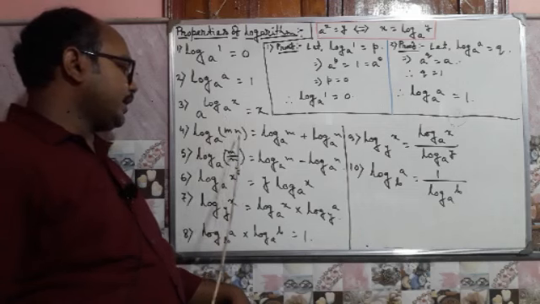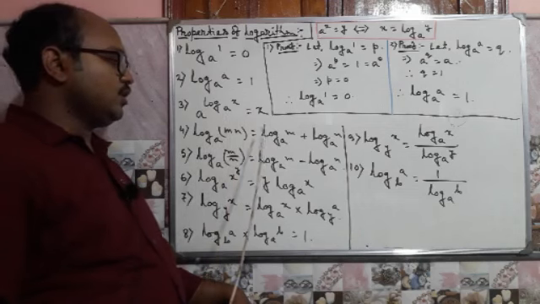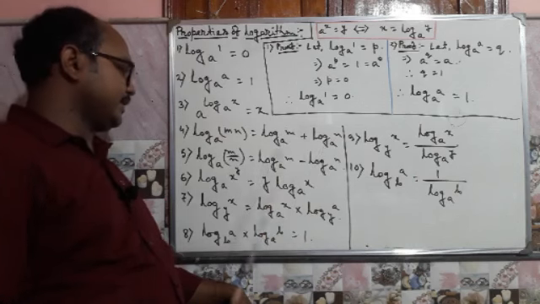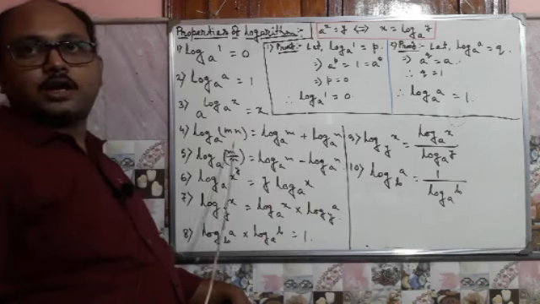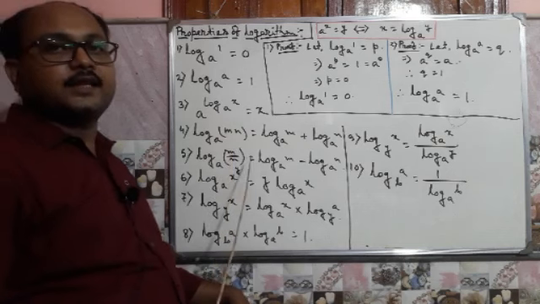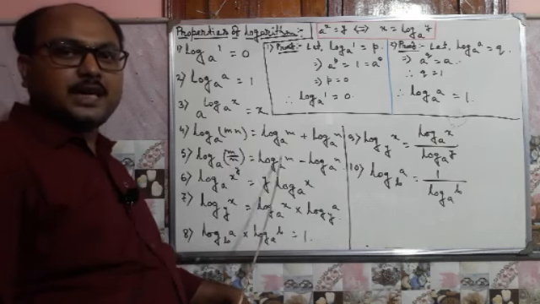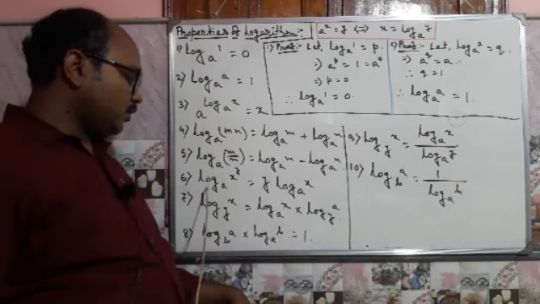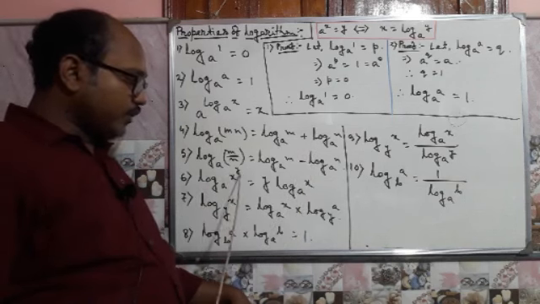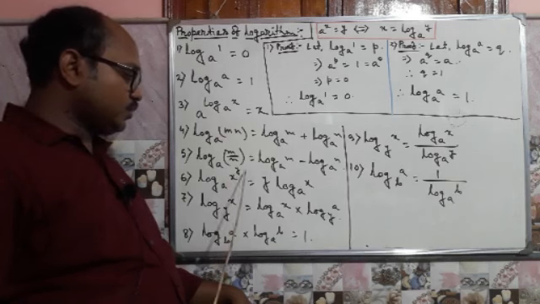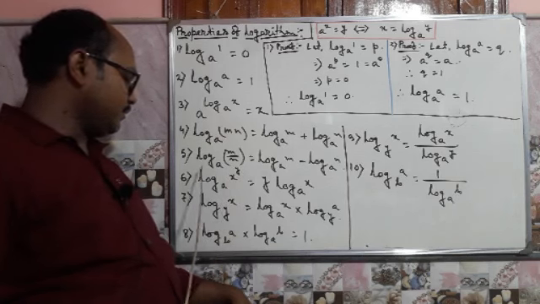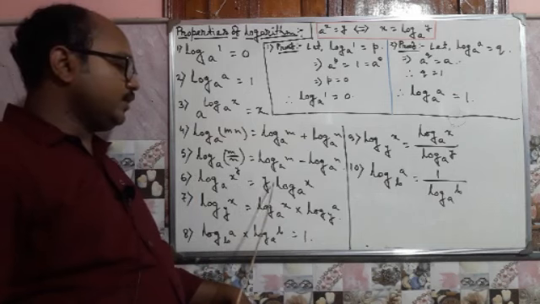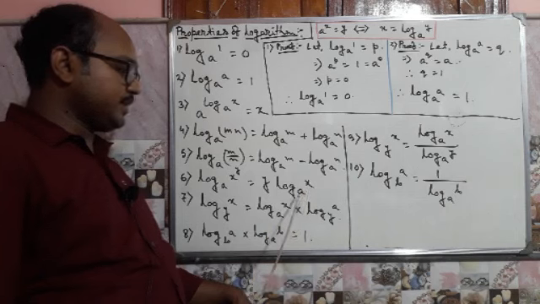Log mn to the base a is log m to the base a plus log n to the base a. Similarly, log m by n to the base a is log m to the base a minus log n to the base a. Now log x to the power y to the base a: this y will come first as a coefficient, that will be y into log x to the base a.